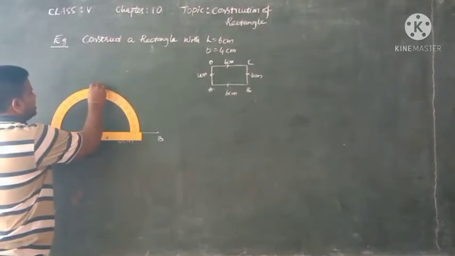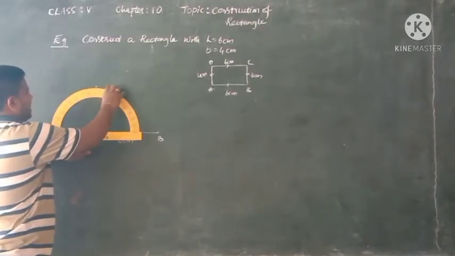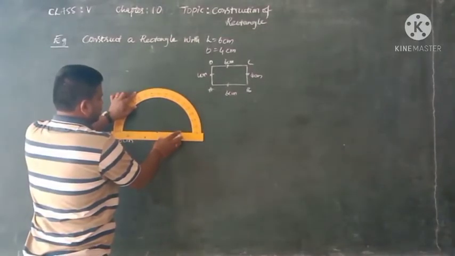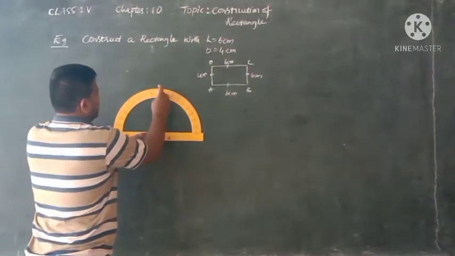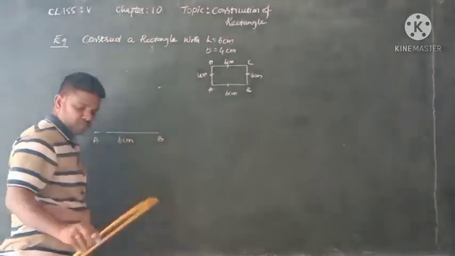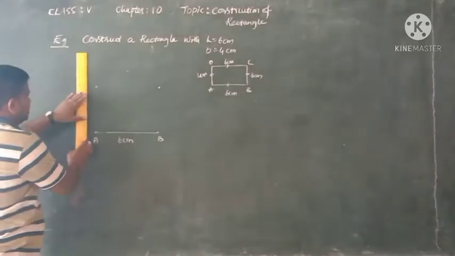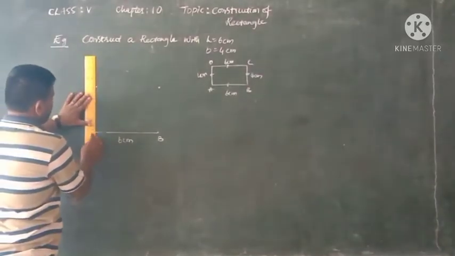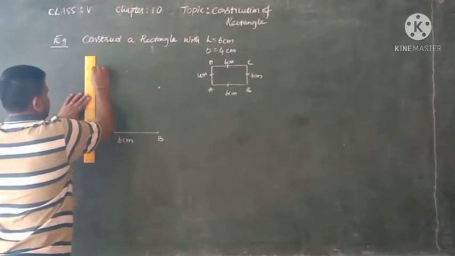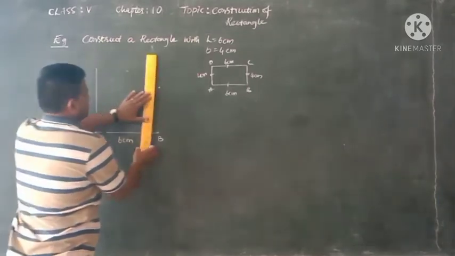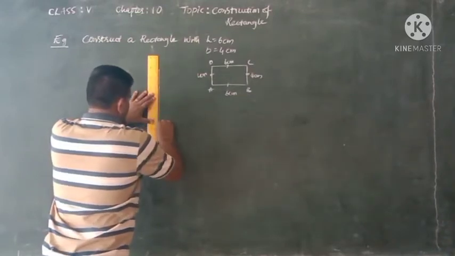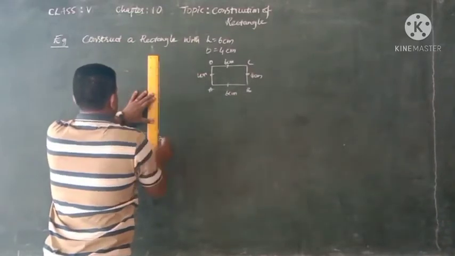Now where is 90 degrees? This is 90 degrees, and at B also we construct 90 degrees here. Now remove the protractor and draw a ray. Here also we'll do the same.